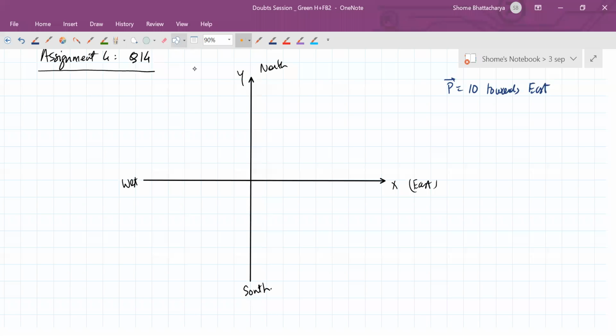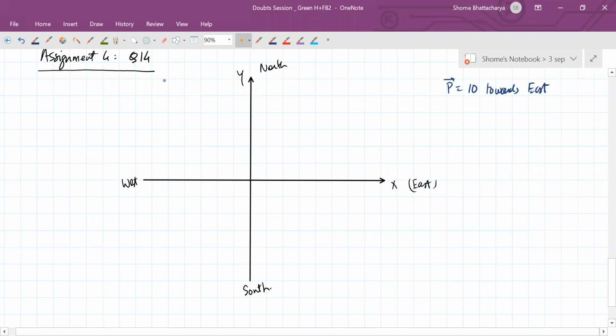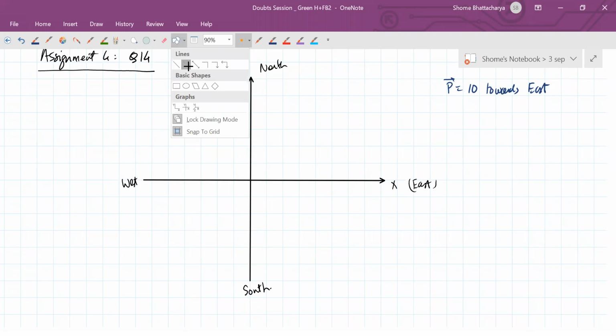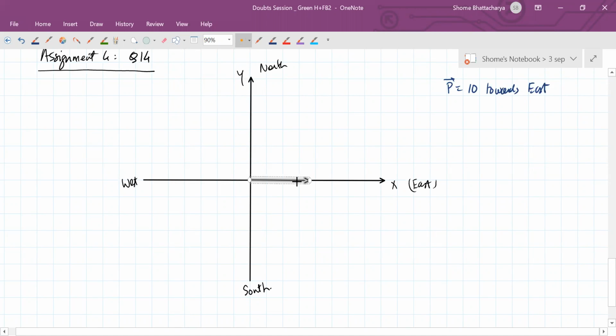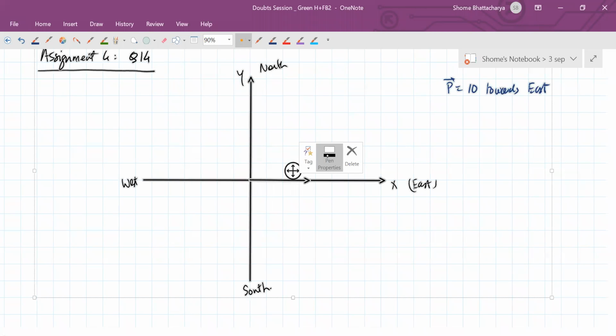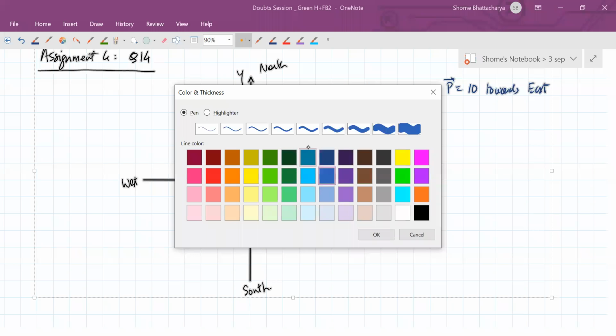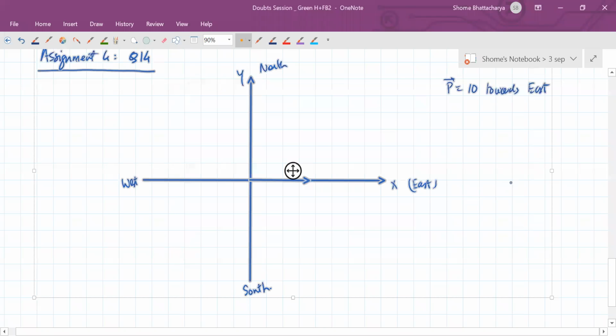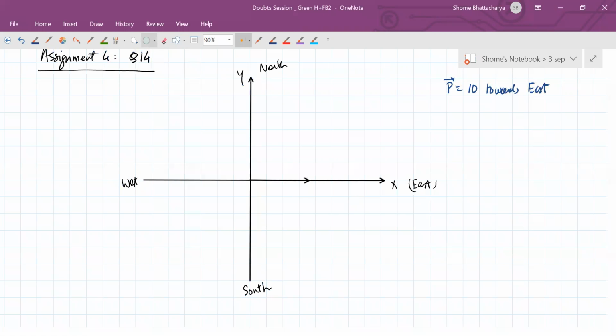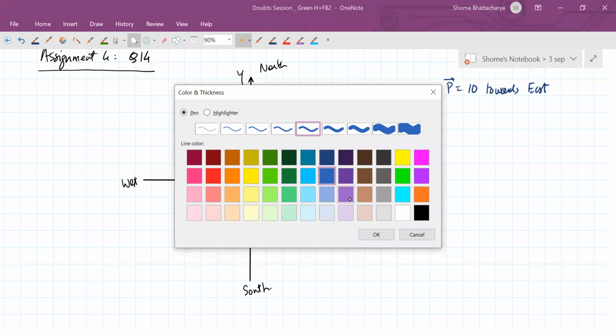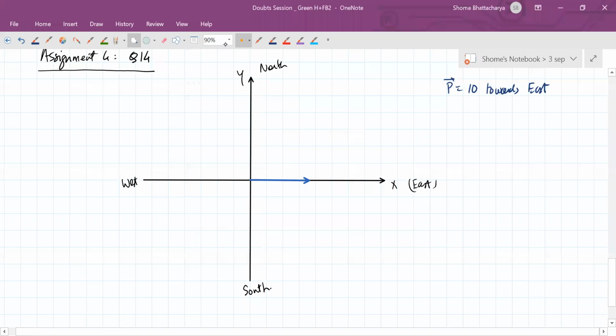So here that vector will become, okay, like this, let's say. So this is a vector P, which is 10 meters towards the east.